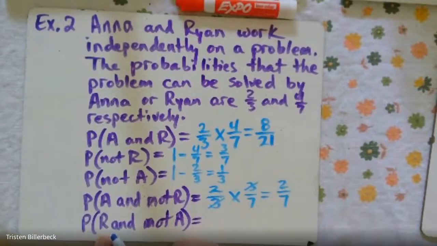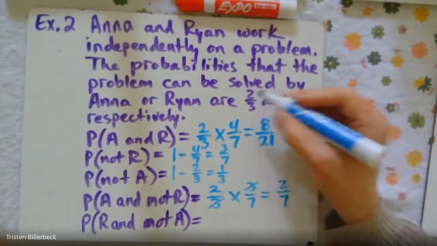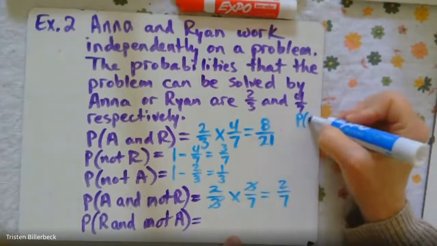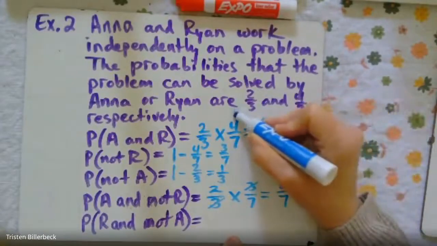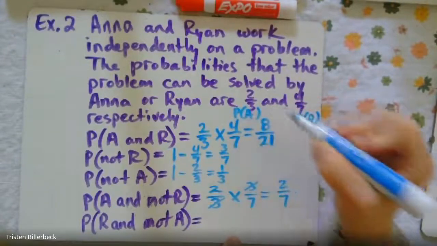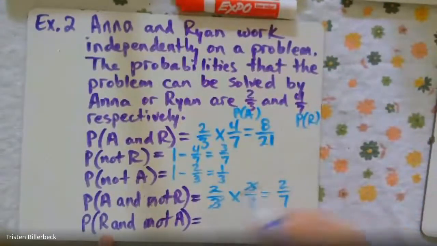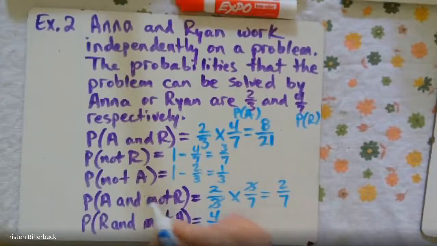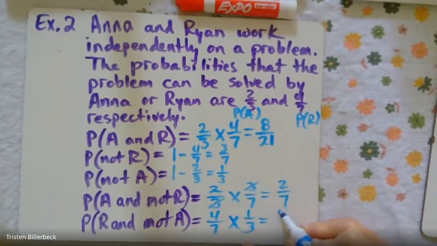The probability that it's Ryan, so we were given the probability of Ryan here, and this is the probability of Anna. Okay, so the probability of Ryan is 4/7 times the probability of not Anna, which is 1/3. We multiply this across, and we have 4 out of 21.